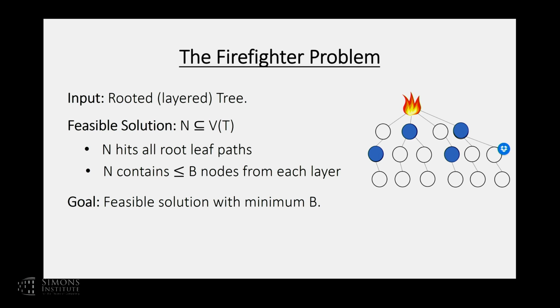So the first time you think about it, if you have not heard of it, it seems like this problem should be easy to solve. But what is quite amazing is that it is NP hard to decide between b equal to 1 and b equal to 2. So even when the tree has a lot of structure, it's NP hard to decide whether I can have 1 per layer and save all the leaves, or 2 per layer and save all the leaves.